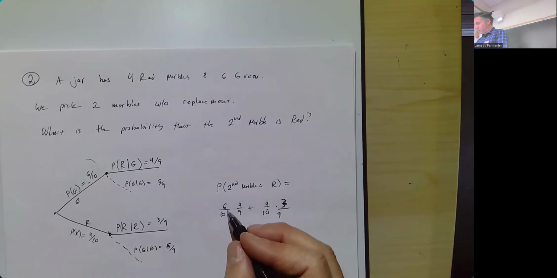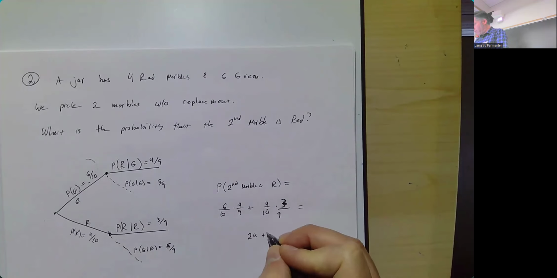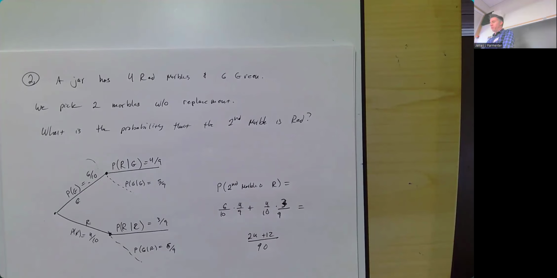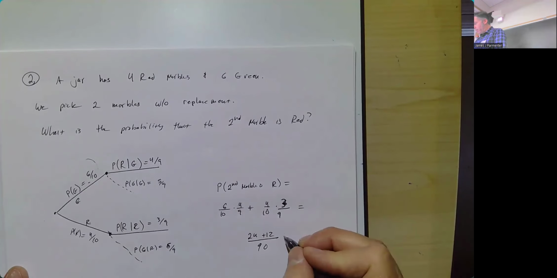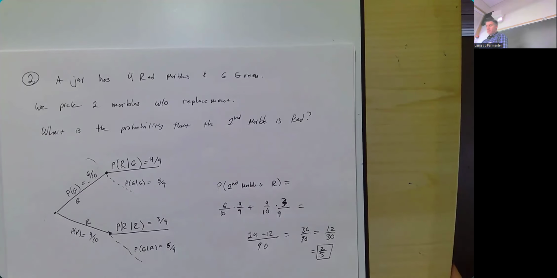So I've got 6 times 4 is 24, 4 times 3 is 12, over 10 times 9. I probably could have reduced some fractions there. So I end up getting 36 over 90, which reduces to 12 over 30, which reduces to 2 over 5. So 2/5 chance.